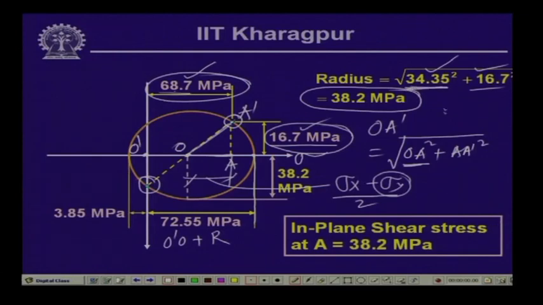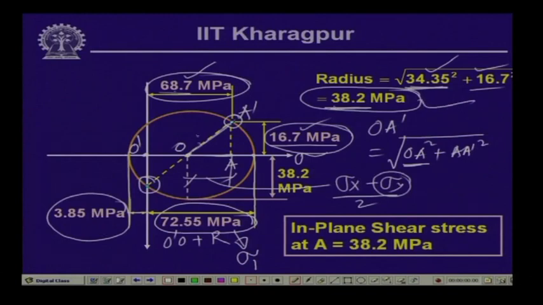So, 34.35 plus 38.2 will give us the stress which is 72.55. This is the value of the maximum normal stress sigma 1, and consequently from this radius if we subtract this, we get the minimum value of the normal stress, which is 3.85, which is 38.2 minus 34.35.